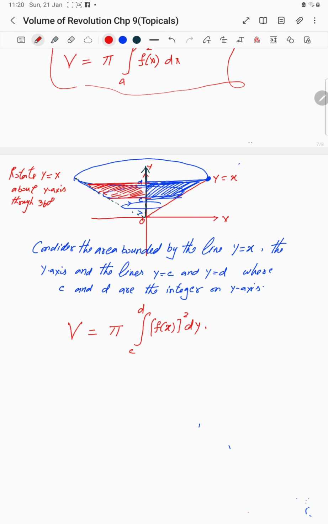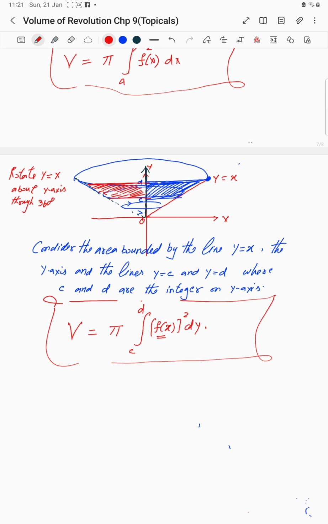In this rotation about the y-axis, you need to keep one thing clear: it should be the function of x in terms of y. So make x the subject, apply it over here and integrate with differential dy. So this is the rule when a solid revolves about the x-axis or y-axis.